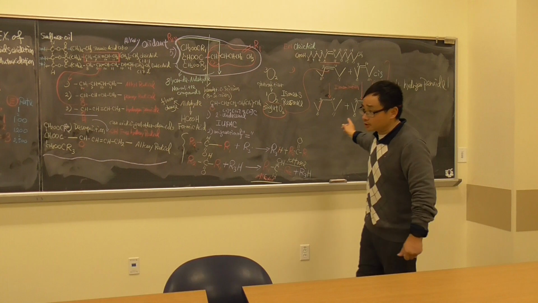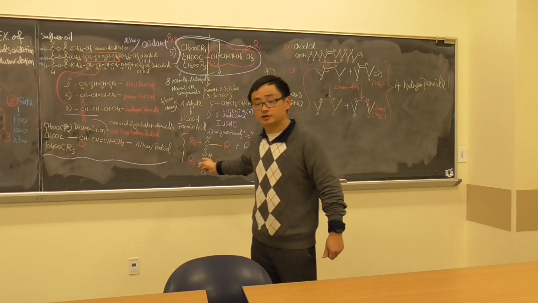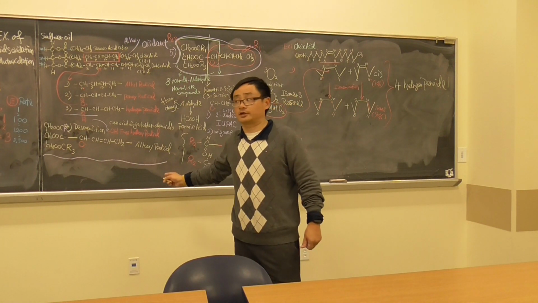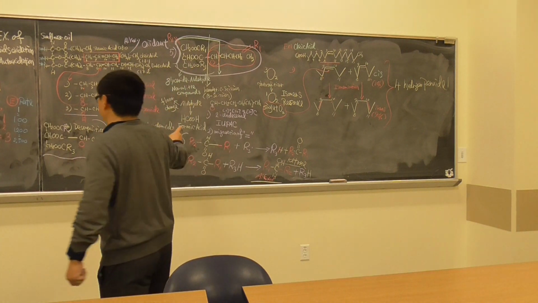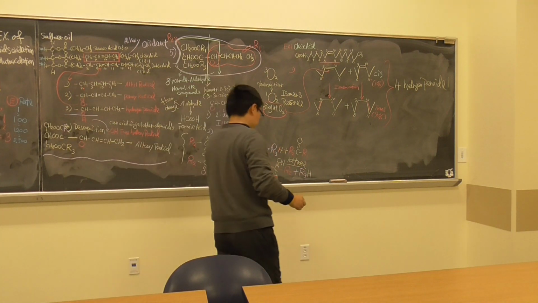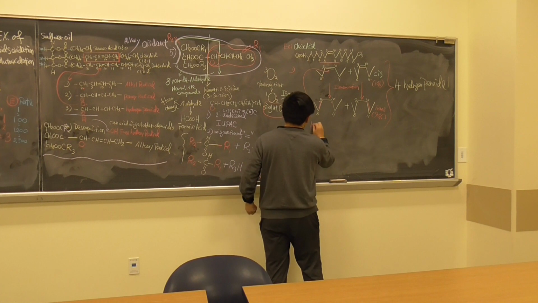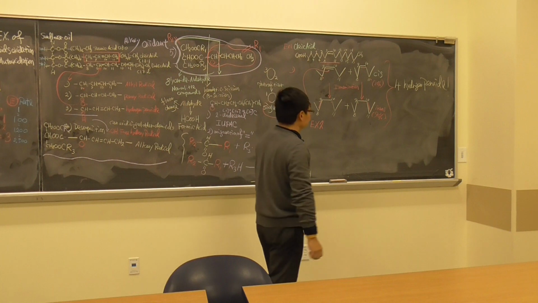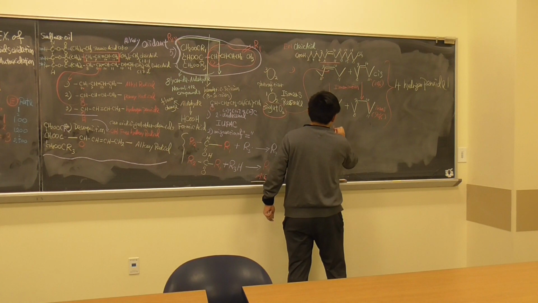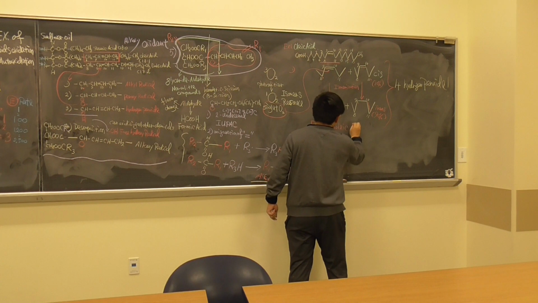Our textbook made a mistake. They write they will generate 3 hydrogen peroxides. Actually, it will generate 4. Okay, now, I'll let you think. I'll talk afterwards. Example 2. Linoleic acid.